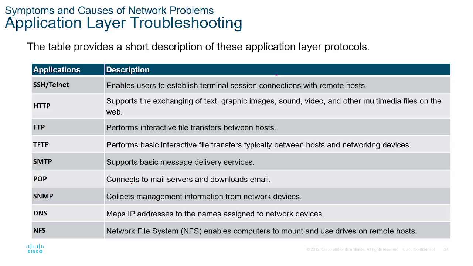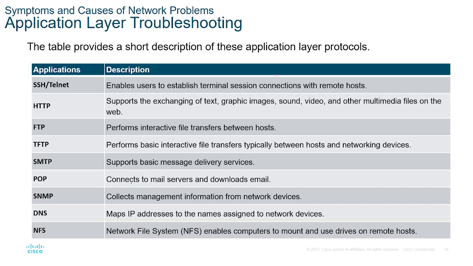Now, application layer troubleshooting. The table provides a short description of those application layer protocols. What is SSH and Telnet? What is HTTP and FTP, TFTP, SMTP, POP, SNMP, DNS, and NFS? These are the application layer protocols for troubleshooting. SSH and Telnet enable a user to establish a terminal session and connect with a remote host.